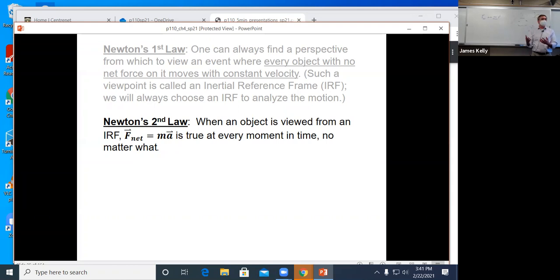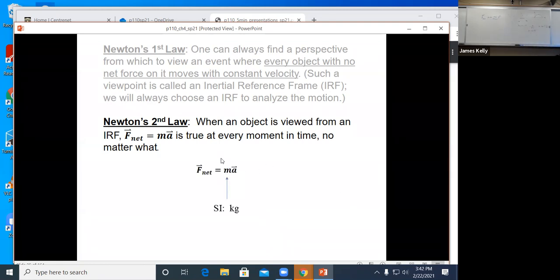I just want to make sure that you understand there are no exceptions to that. It happens all the time. It doesn't matter whether the object is accelerating or just sitting there at rest, it's always happening. The net force equals the mass times the acceleration.